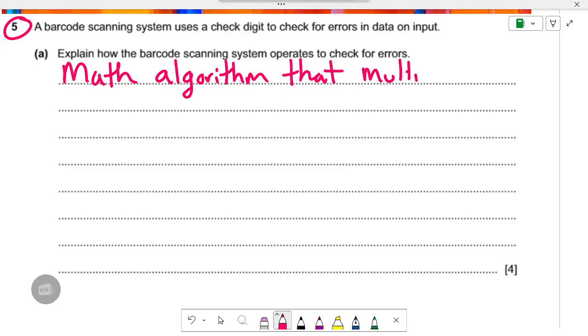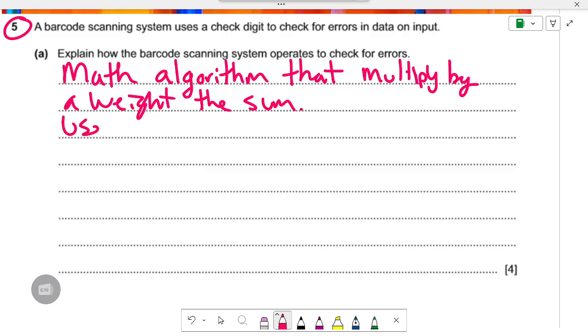multiplies by a weight, then sums, and then it uses modulus. Uses mod. It uses a mod. Julie, is it mod 10 or something like that, right?